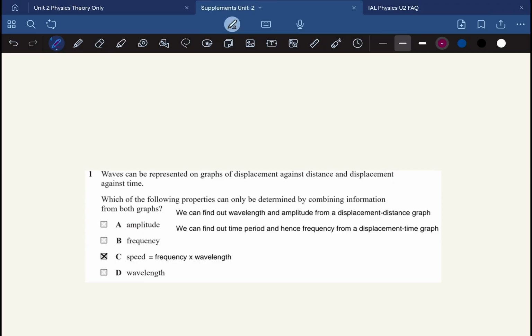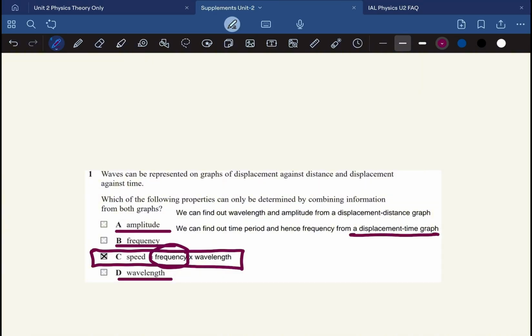We can figure out the amplitude from the graphs, the frequency from the graphs, and the wavelength from the graphs. The only thing we can figure out by combining both graphs is speed, which equals frequency times wavelength. If you have the frequency from the displacement-time graph and the wavelength from the displacement-distance graph, you can combine both to figure out a value.